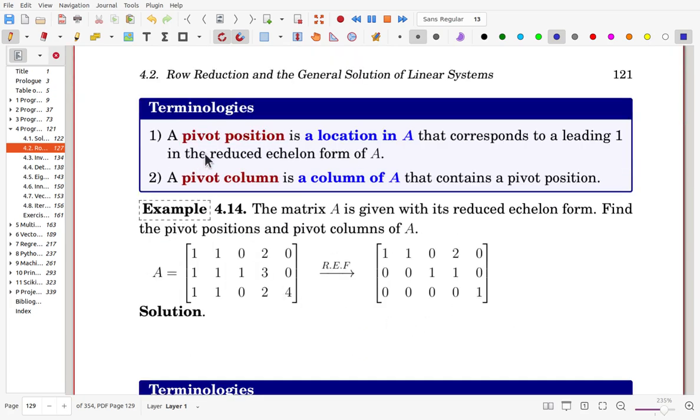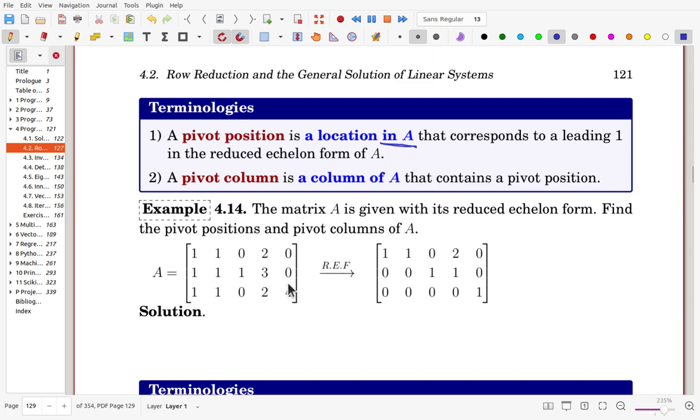A pivot position is a location in the matrix A. So you have to find the location in A that corresponds to the leading one in the reduced echelon form of A. Okay, let's see this example.